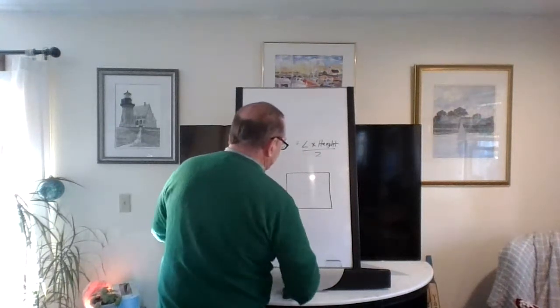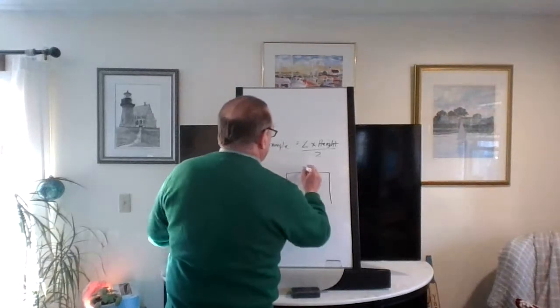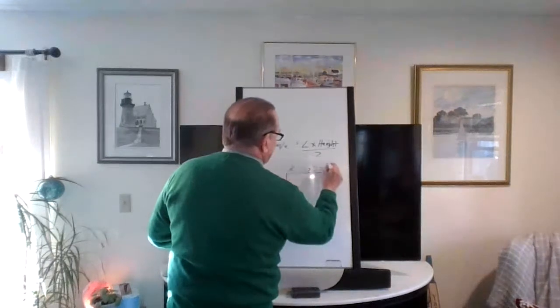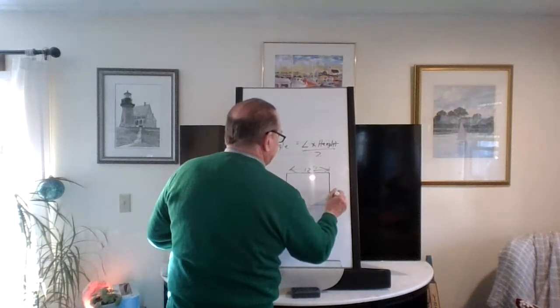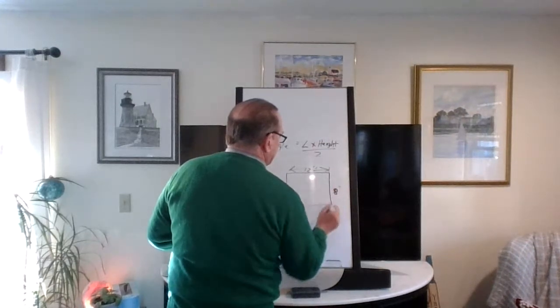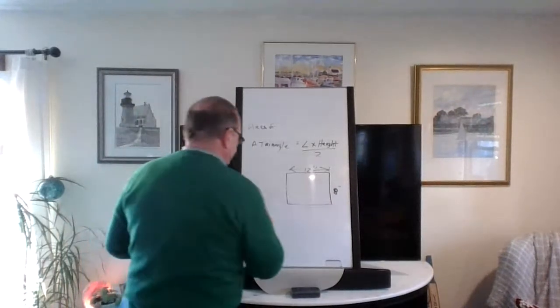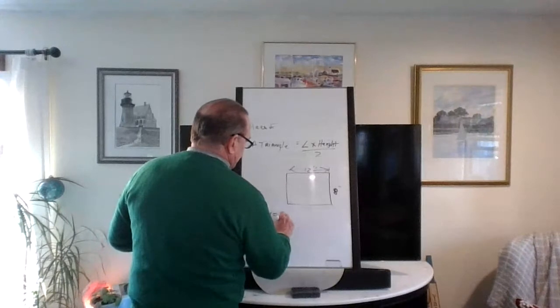We'll say that this is 12 inches long, like this, and 8 inches high. All right, now that's easy. Length times width, we all know that. Length times width equals area.